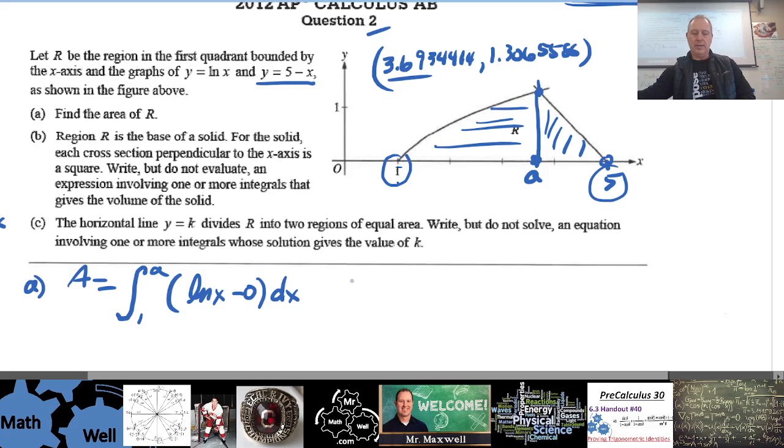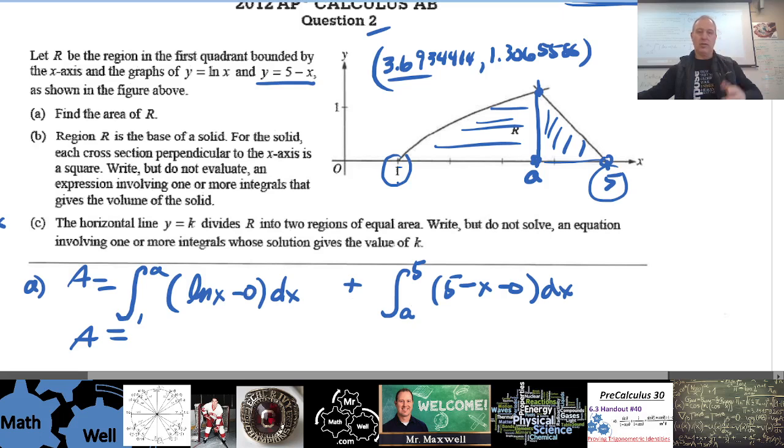Plus we're going to have the integral from a, the lower limit, to the upper limit of 5 of this function, 5 minus x minus the lower function, which would be 0, the x-axis, dx.